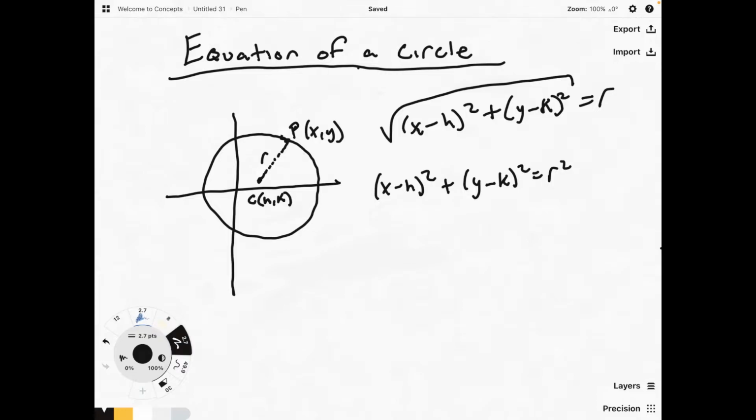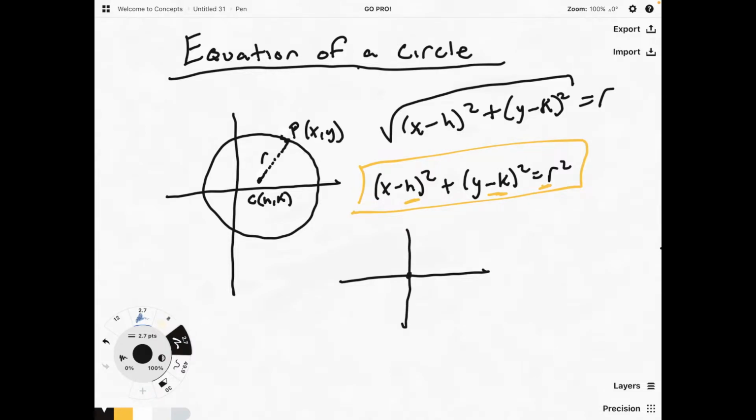And this right here is the standard equation for the circle with the center (h, k) with a radius of r.